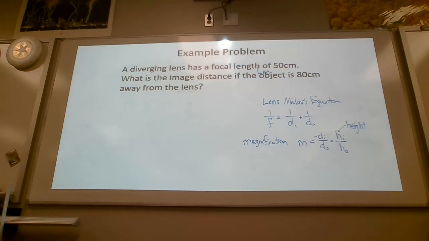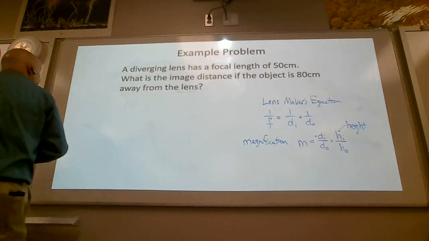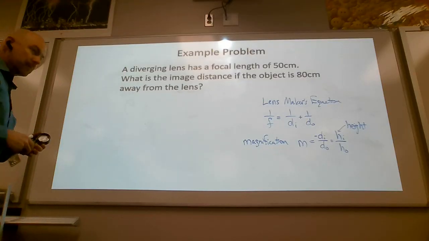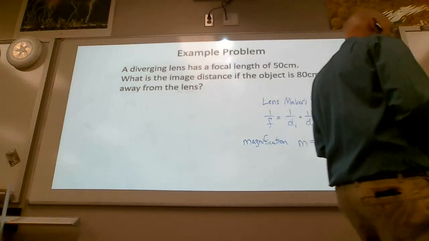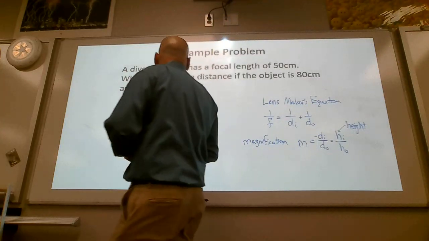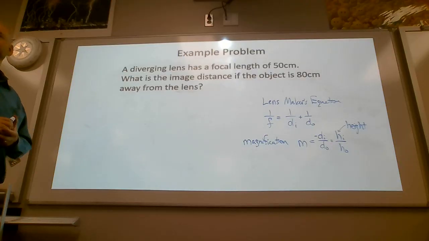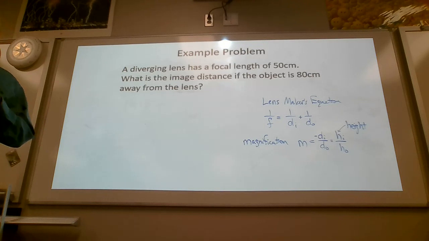All right, so quick example. Let's say you have a divergent lens with a focal length of 50 centimeters. What is the image distance of an object that is 80 centimeters away from the lens? Here's the important thing.